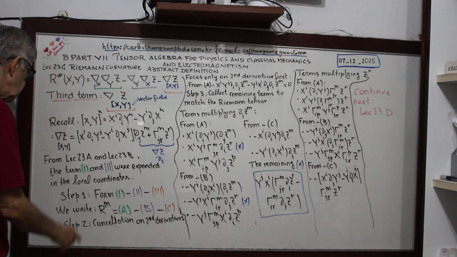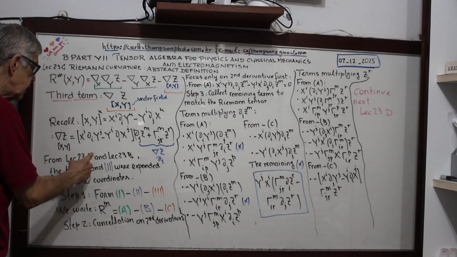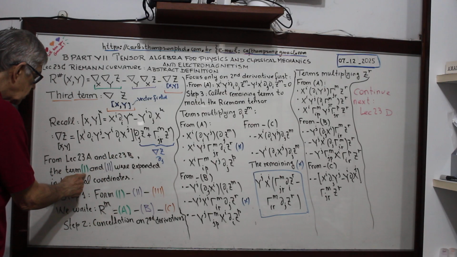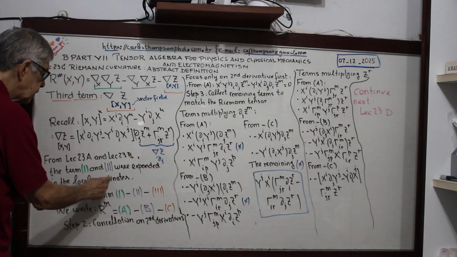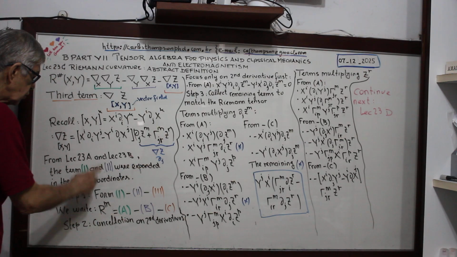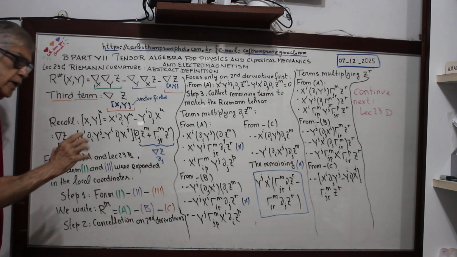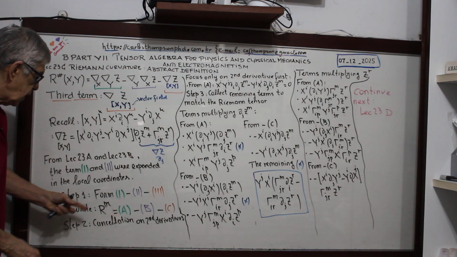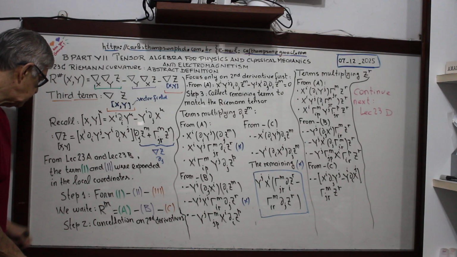So from lecture 23a and lecture 23b, the green one and the purple one were expanded in the local coordinates. You go there and copy, and we just play together with this term here.